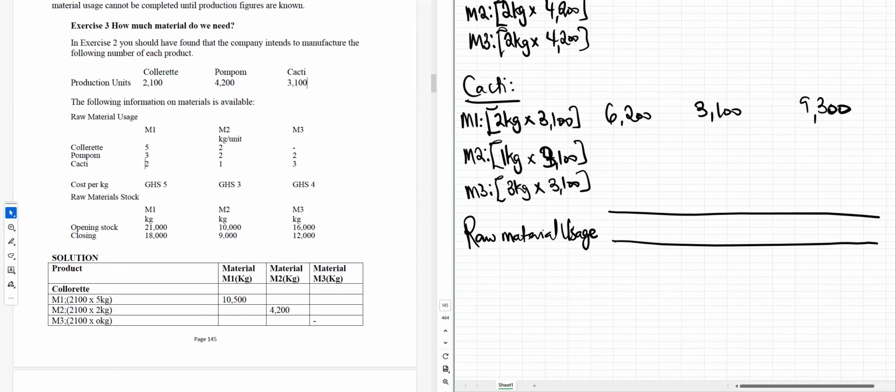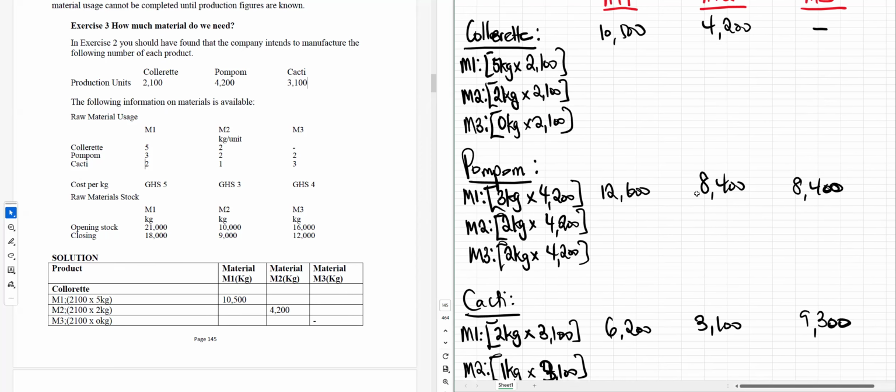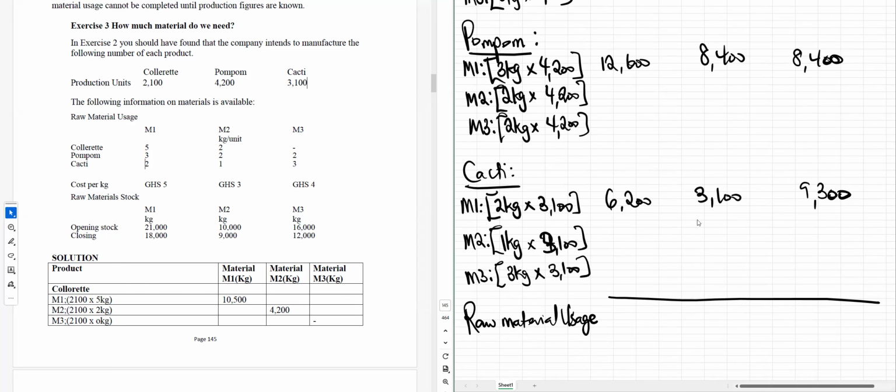Okay. So what's our raw material usage? We can add up 10,500 plus 12,600 plus 6,200. That's 29,300 for this one.